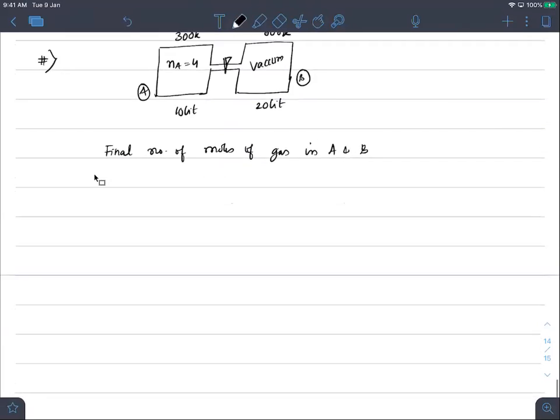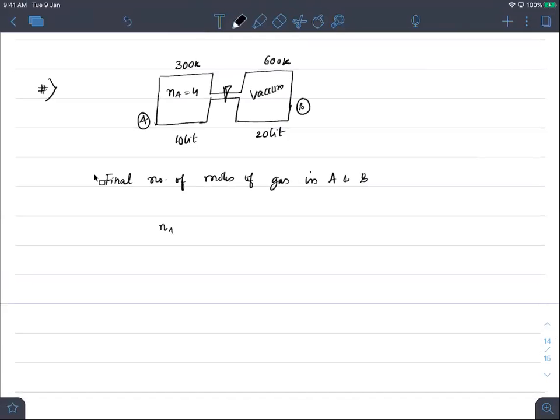We just have to equate the pressure on both the sides. So for A, this is NA minus X into R TA divided by volume of A. That should be equal to NB, which is nothing but X here.